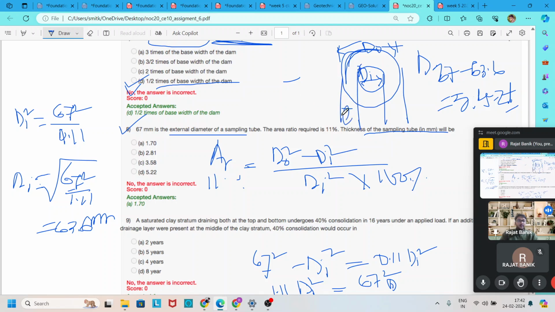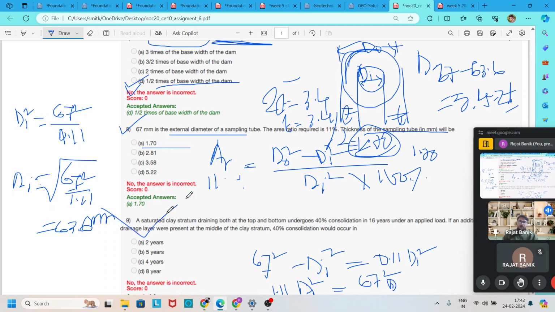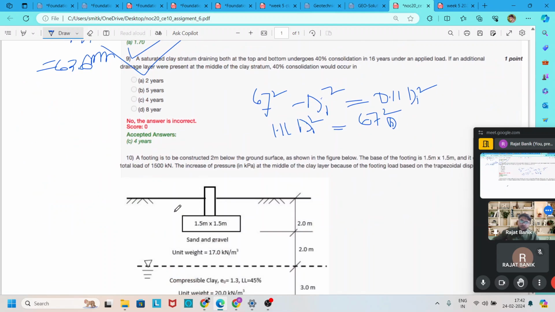So here it is t, here it is also t. So 2t is equal to 3.4. If you divide 3.4 by 2, it comes to 1.7. So our thickness of the sampler is 1.7. So the correct option is option A, 1.7.